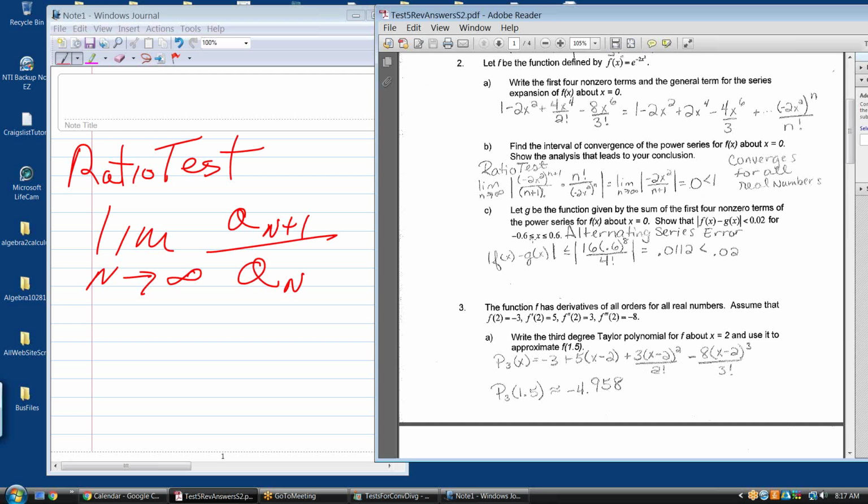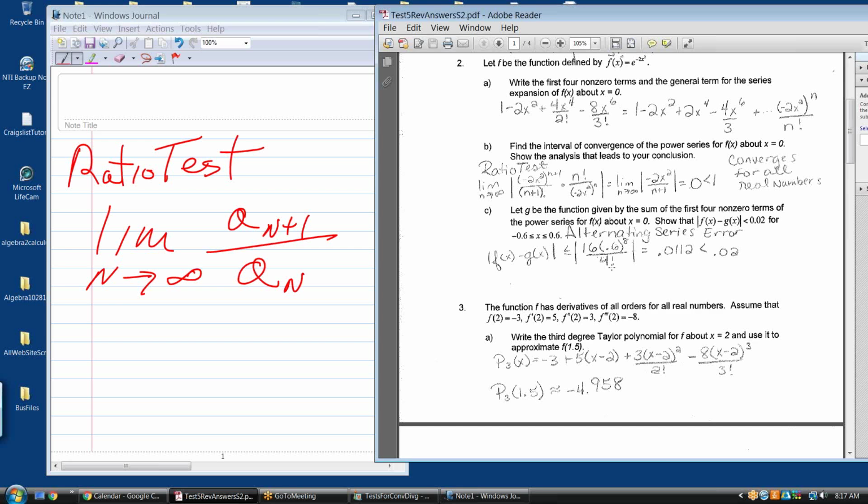And we're going to use the right or left-hand endpoint of this interval as our C. And it's to the 8th power, because that's the very next term would be x to the 8th power. And so we can come up with that number, and it's equal to 0.0112, which is less than 0.02.